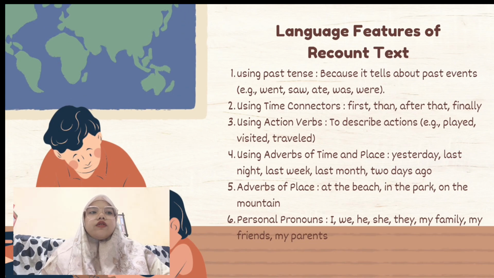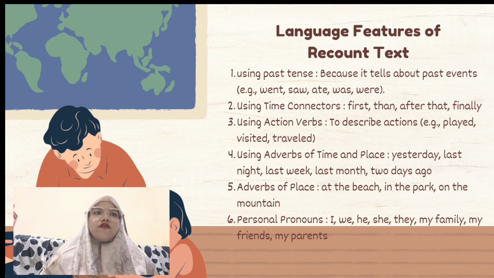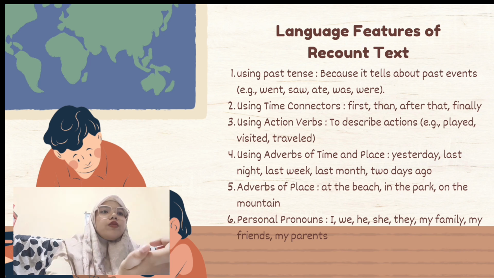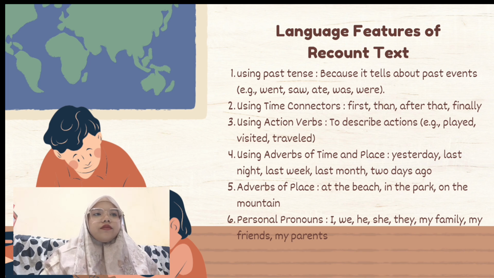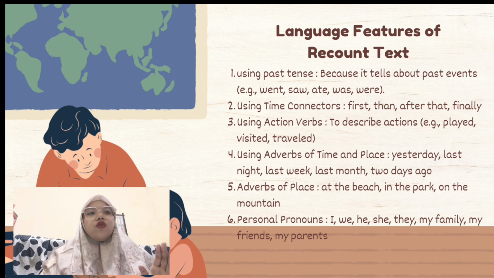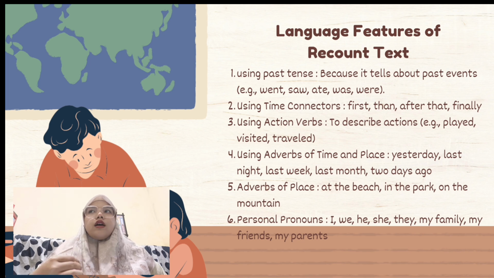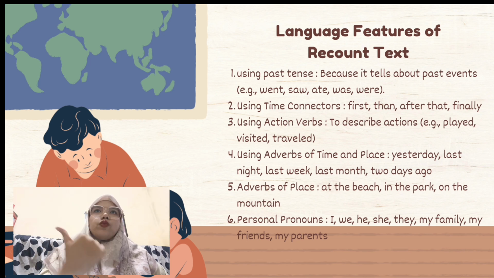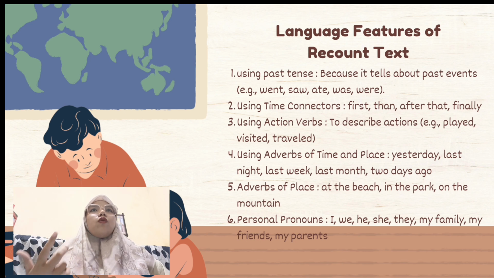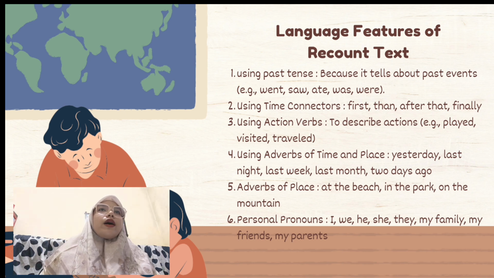Now we're going to learn the language features of recount text. The first is using past tense, of course, because it tells about past events. For example, I went to the beach last Sunday. So the past tense of go is went, or other examples like saw, ate, was, were. It is past tense.